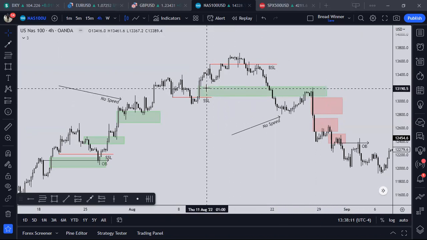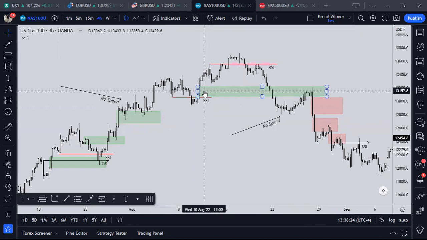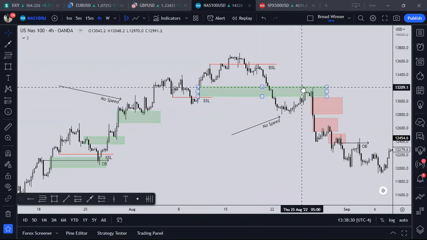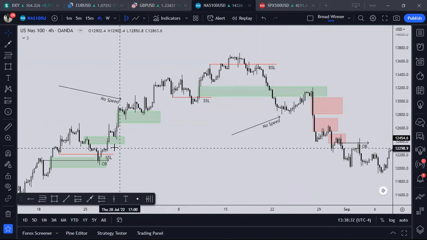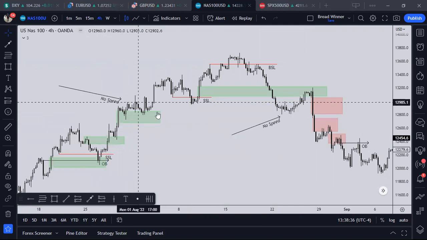Now, another signature that I didn't add on the signatures list was one that I figured out over time coming from experience. Old fair value gaps that were once looked at as support, if we trade through that, we can look at it as resistance, kind of like the old area of selling equals a new area of buying.